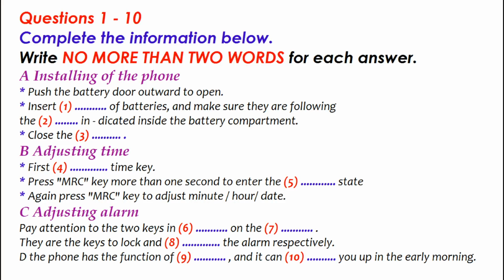The test is in 4 parts: Part 1, Part 2, Part 3, and Part 4. Now look at Part 1. You will hear a conversation between two students about the installation of a telephone.